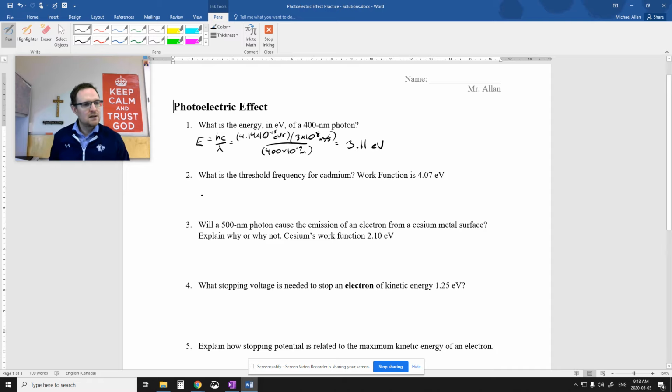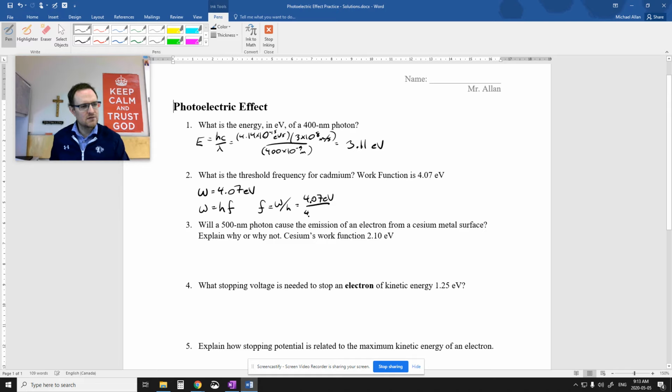All right? So if I know the work function, which is W in this part of the formula, it's not the same W as work as being energy. It is kind of an energy, but it's not the same as the change of energy. I can use the work function formula. It's very similar to the E formula from the previous one. I'm just going to rearrange that for frequency. So 4.07 electron volts.